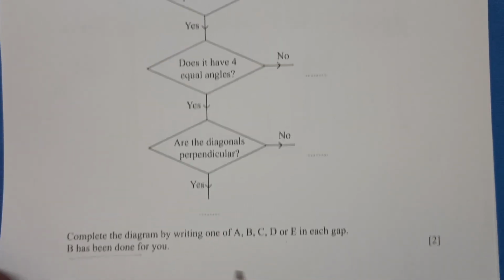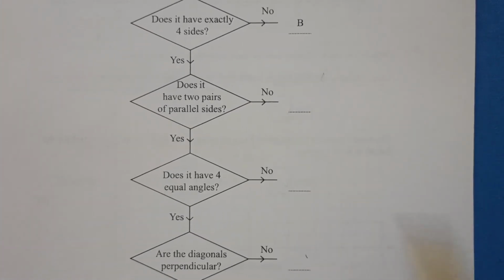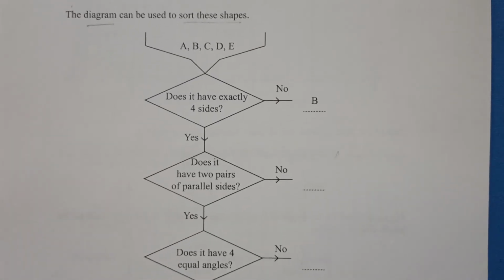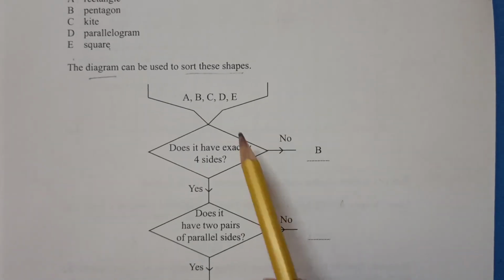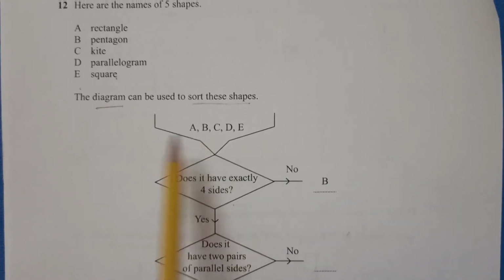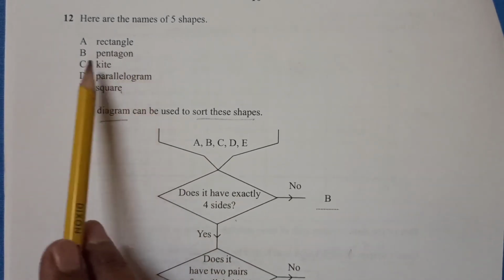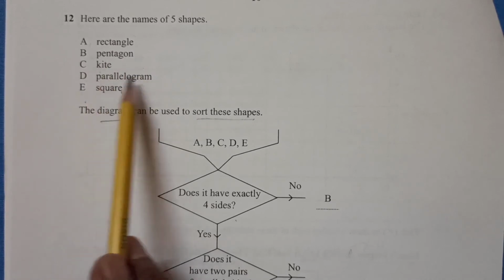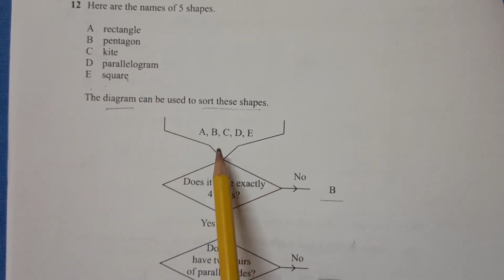B has been done for you. So we have gaps here. We are going to use these properties to put them in their correct place. So we have A is rectangle, B pentagon, C kite, D parallelogram, E is a square.